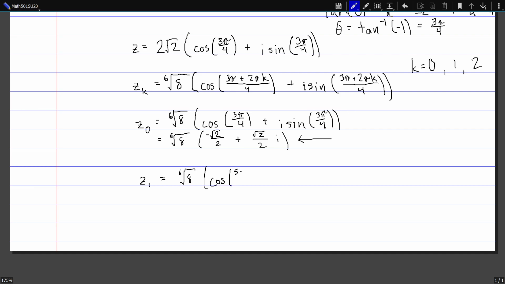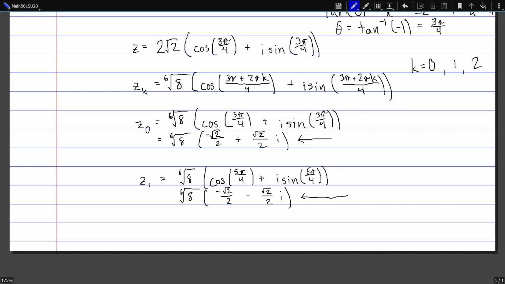So cosine of 5 pi over 4 plus i times sine of 5 pi over 4. And then replace those with their values. At 5 pi over 4, cosine is still negative, but now sine is negative as well. So this is the 6th root of 8 times negative square root of 2 over 2 minus square root of 2 over 2 i. And again, I would ask that you leave it here.